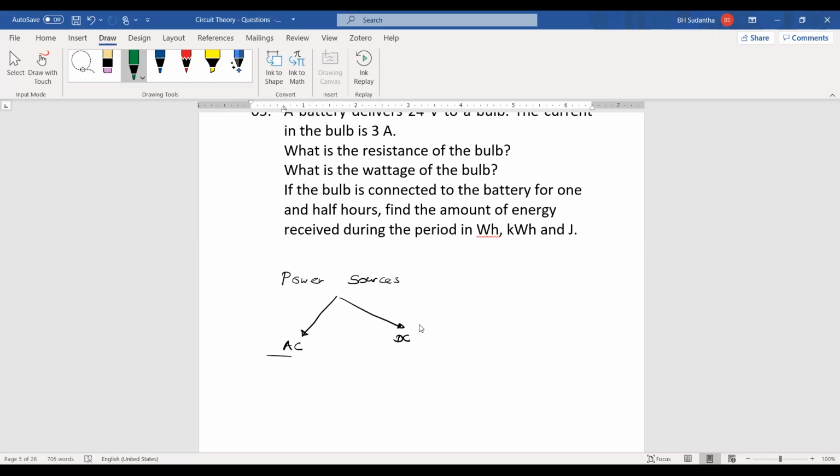Normally when the AC power comes, it may be the main power coming to our homes. At the home front, the commercial main power available is 230-volt AC, and the frequency is 50 hertz. That's the main power. But this is a very high voltage for the circuits.